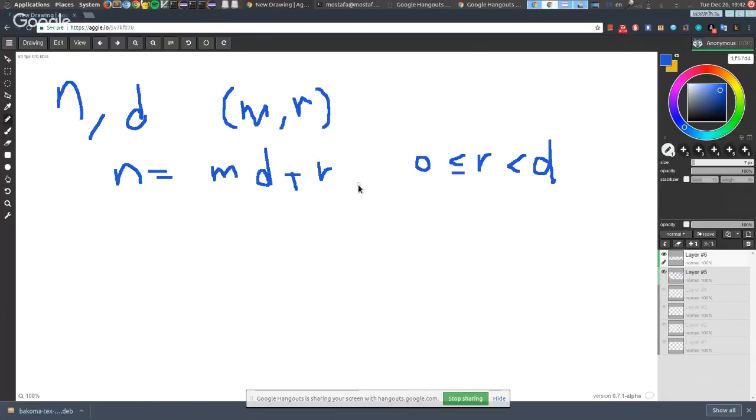Here the r we call the remainder of the division by d.